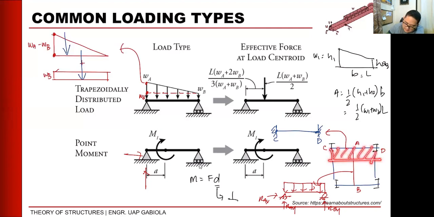Okay? So, kaya halimbawa kung two-way yung mismong ano natin, no? Pwede siyang maging trapezoidal, depende sa size, or pwede siyang maging triangular yung loading niya. Okay? Pero halimbawa, sabihin natin rectangular lang yung loading ni CB wala doon sa tributary niya. Okay? So, ito yon.